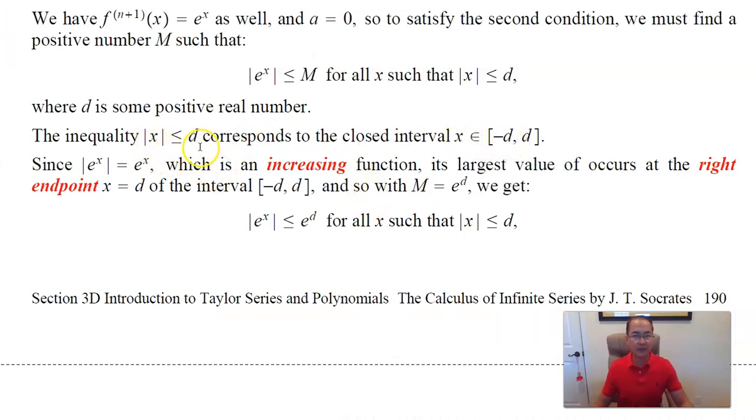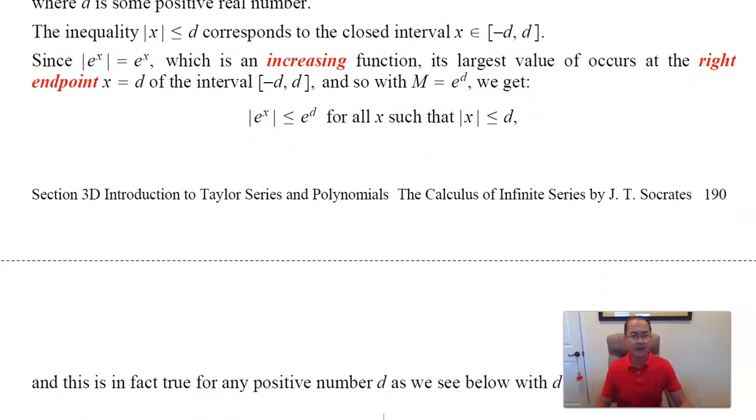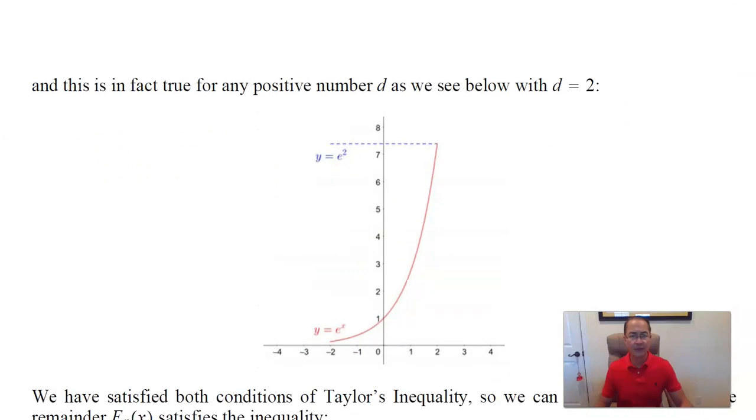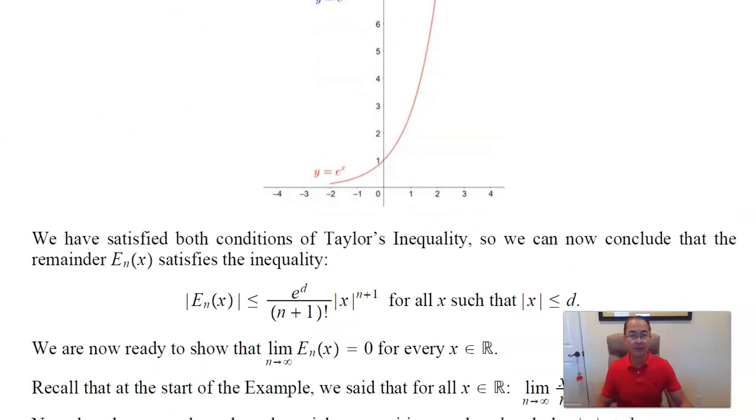If x is between minus d and plus d, then the absolute value of e to the x, which is simply e to the x, will be less than or equal to e to the d, the value of e at the right endpoint of that interval. And we saw that when d equals 2.